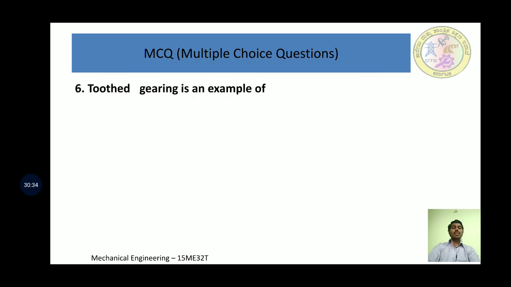Sixth one, toothed gear is an example of higher pair, turning pair, lower pair, sliding pair.